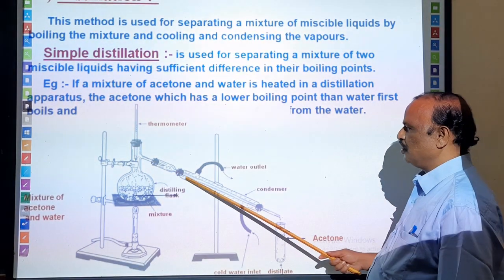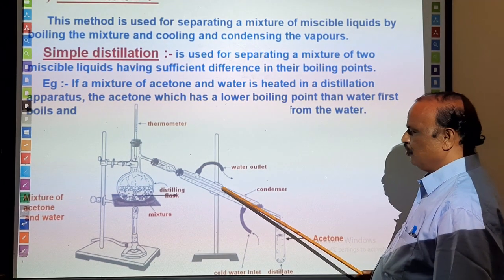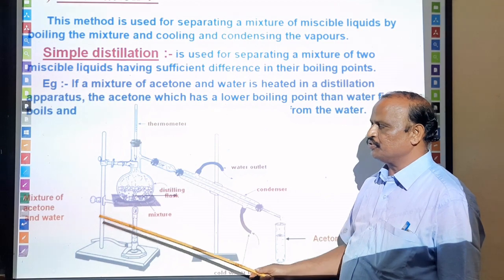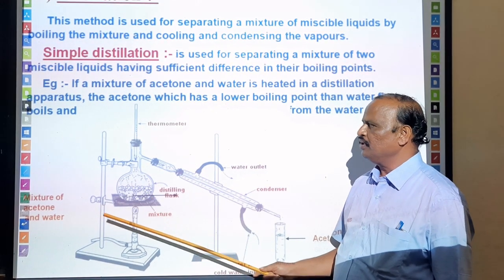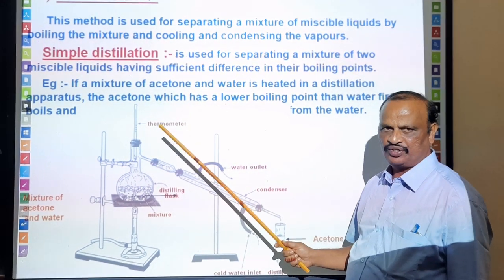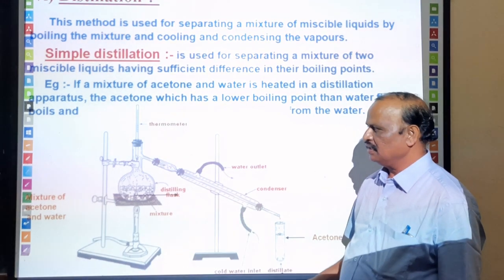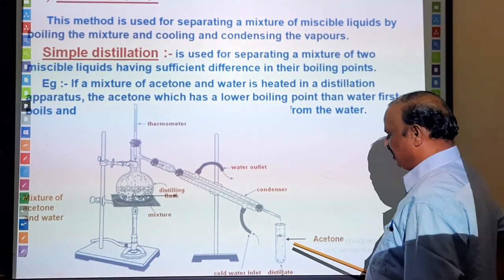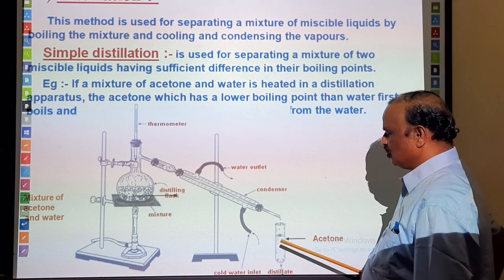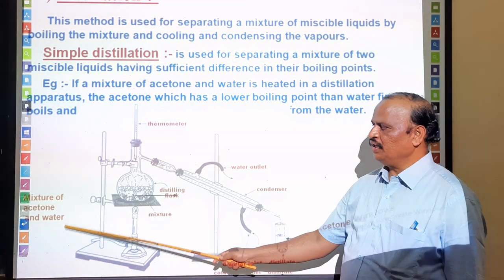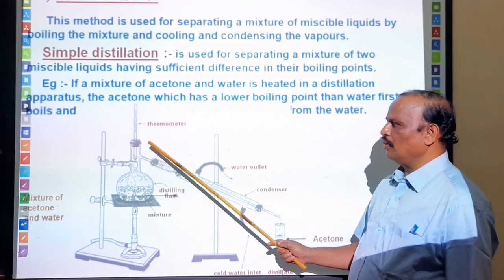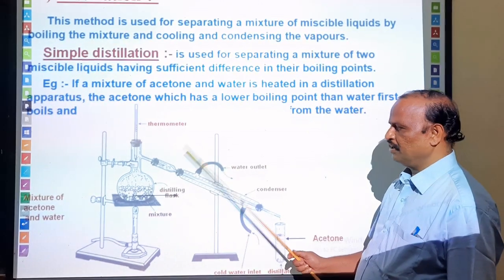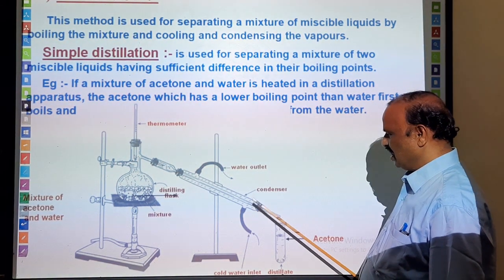The vapors pass through the condenser, cool up, and are collected here. Till all the acetone has converted to vapor form, there will not be any rise in temperature. After that, you have separated the acetone component. Keep another beaker here and heat the water. Till all the water converts into vapor form, there will not be any rise in temperature.